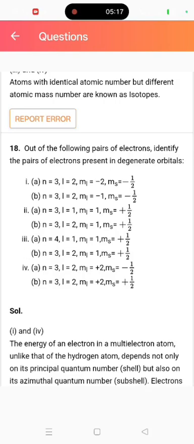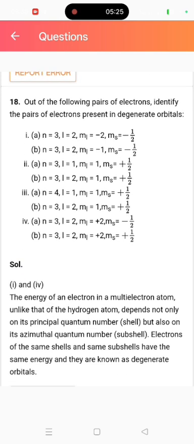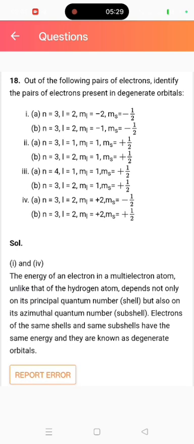See, the energies of an electron in a multi-electron atom, unlike that of the hydrogen atom, depend not only on its principal quantum number but also on azimuthal quantum number. Electrons of the same shell and same subshell have the same energy and they are known as degenerate orbitals.